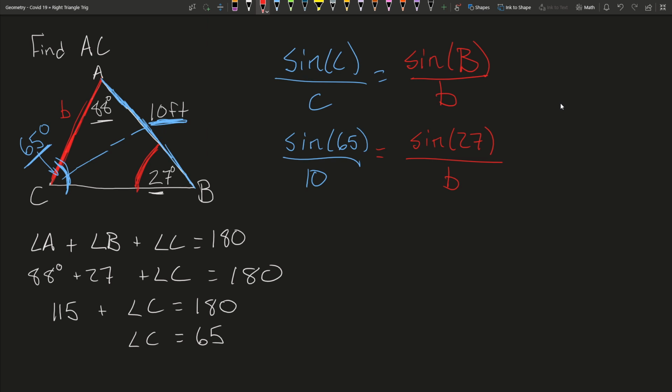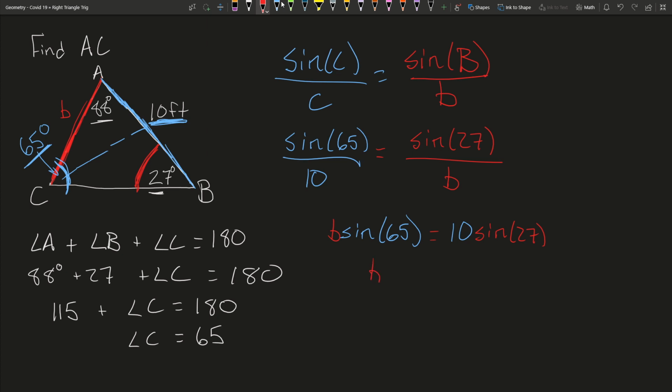Okay, so then we solve for that unknown by cross multiplying. When we do that, we get B times sine of 65 is equal to 10 times sine of 27. Then we divide on both sides by sine of 65.